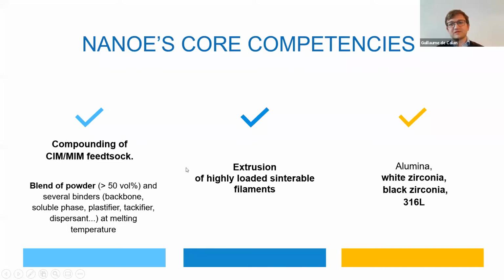So what do we do at NANOE? Basically, it's very simple. We make feedstocks of powder plus thermoplastic binder. That's really the core competence, mixing powders with different types of thermoplastic binders. This is where most of the IP is. We have a few patents, and they are mainly focused on the formulation.